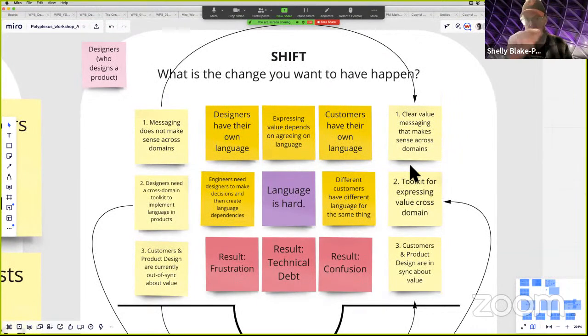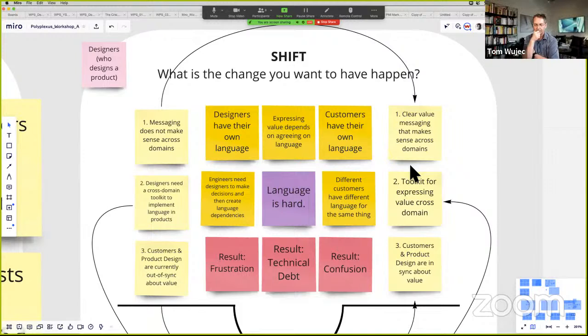And then around that, on the top, on the one hand, designers have their own language. On the other hand, customers have their own language. Agreement is not always there. Then at the next level, engineers need to make decisions based on what the designers give them. And the language that the designers give them becomes something that can be baked into the product. And on the other side, different customers have different language for the same thing. How do you manage that?